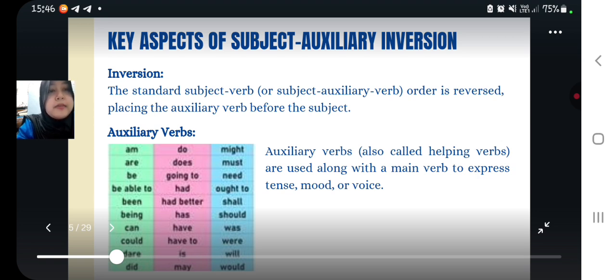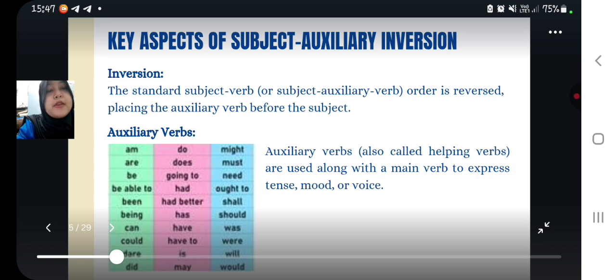Primary auxiliary verbs: they are be, such as am, is, are, was, were, used for continuous tenses and passive voice; and have, has, had, used for perfect tenses; and do, does, did, used mainly for questions, negations, and emphasis in simple tenses.